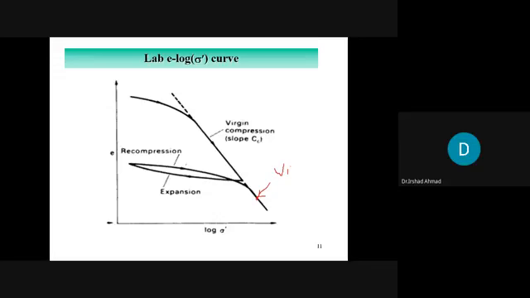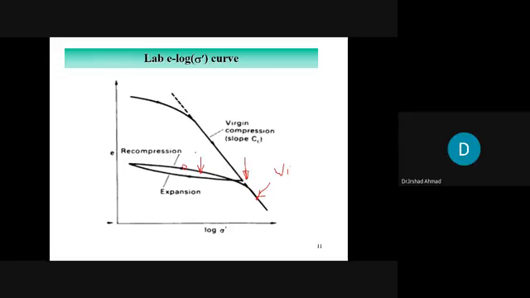But when you are in the recompression zone, the stress is here, for example, this stress is smaller than this stress, which was its past stress, right?